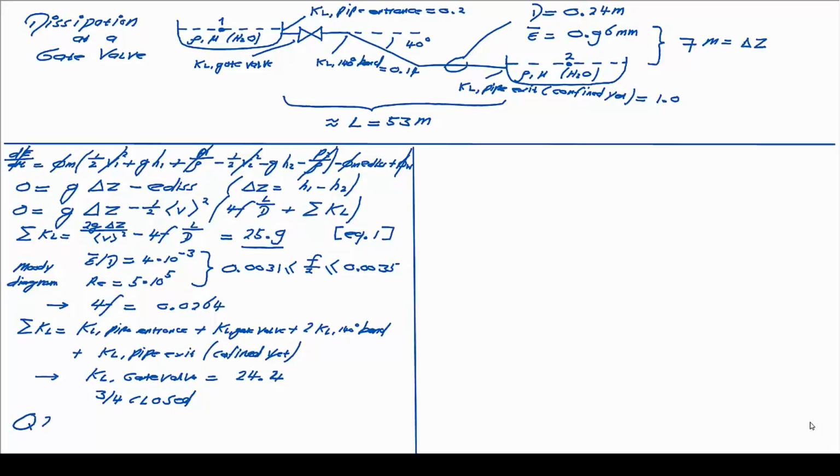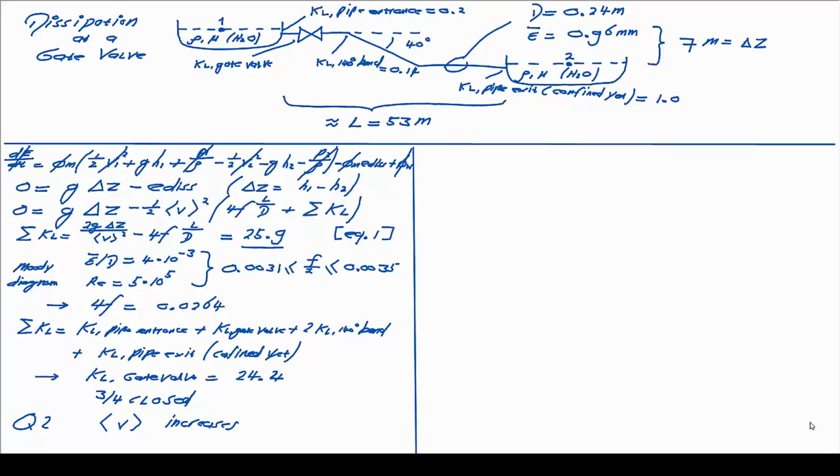Question 2. The average velocity increases. Previously, from the mechanical energy balance, one could see that all gravitational energy was dissipated. The E-dis term balanced the in minus out term. When the gate valve is fully opened, and after a while a steady state situation is reached again, this does not change.